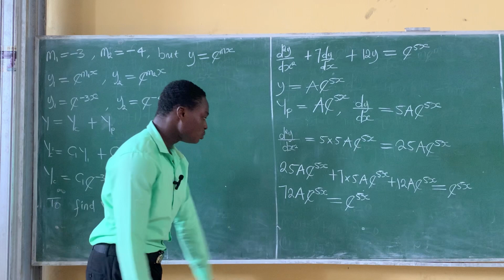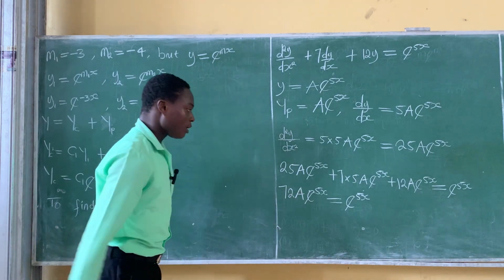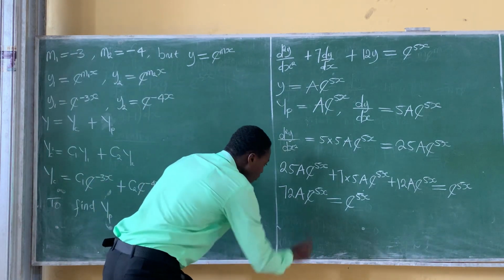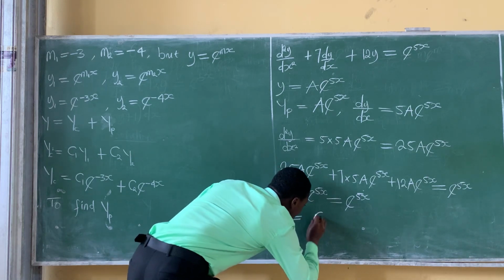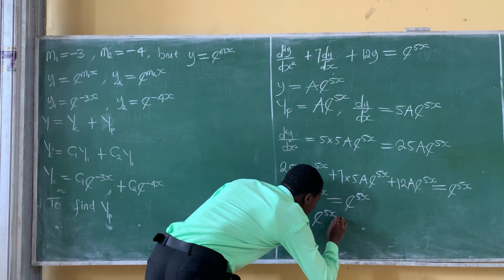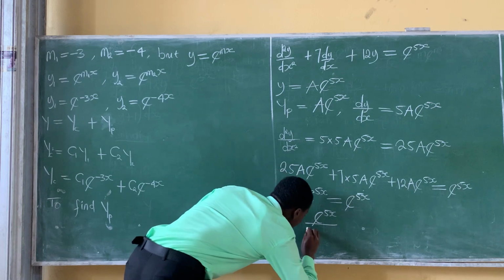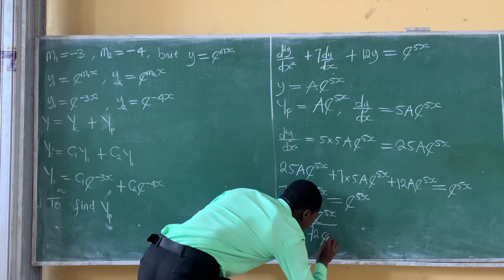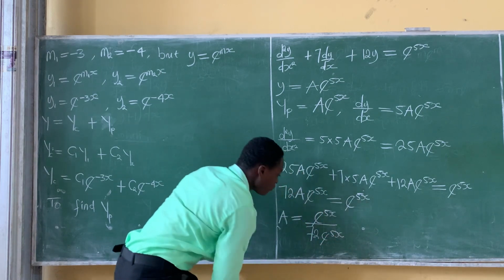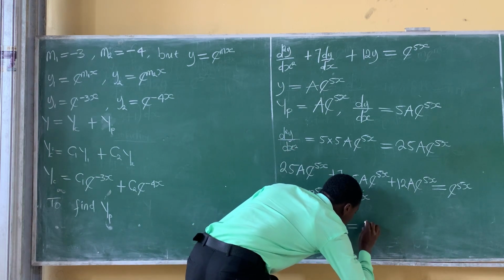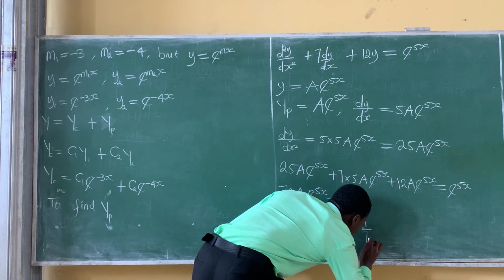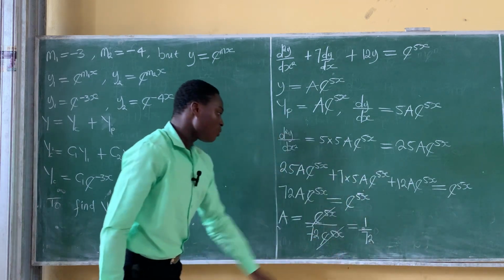So the next thing we need to do is to make a the subject of the formula. So you have a equal to exponential 5x over 72 exponential 5x. So if you observe, exponential 5x will cancel out. So what you have here is 1 over 72 as the value of your a.